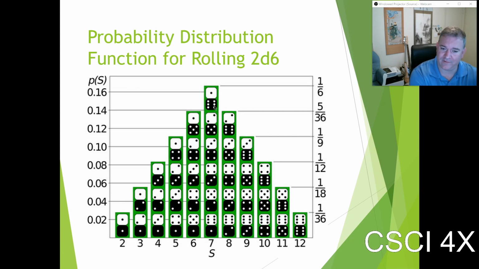The probability of rolling a 6 on the second die, given that you rolled a 7, is equal to the probability of x and y both happening, which is 1. There's one outcome where there's a 6 here. Divided by the probability that you get a 7, which is 6. Right, 1/6. There's 6 outcomes where the sum total is a 7.